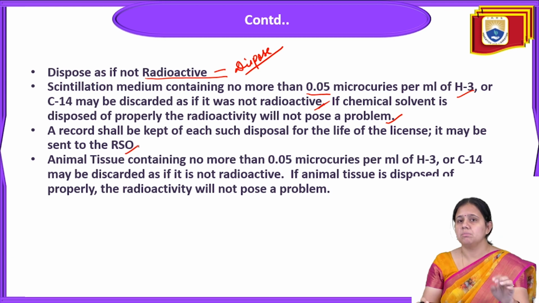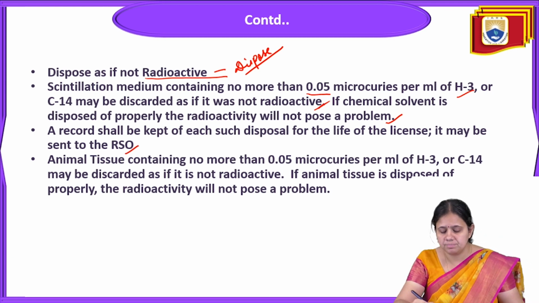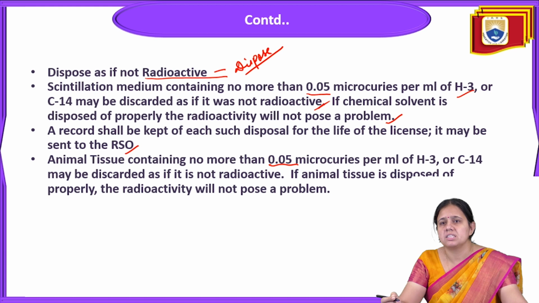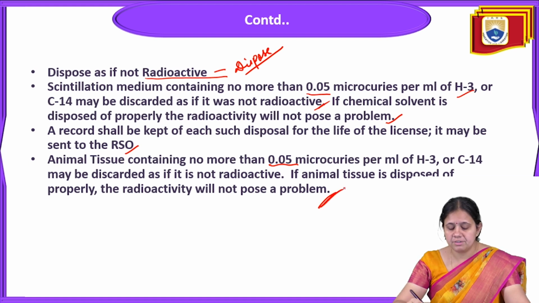Next is animal tissue containing no more than 0.5 microcurie per ml of H3 or C14, which may be discarded as if it is not radioactive. If animal tissue is disposed of properly, the radioactivity will not pose a problem. Sometimes animal tissue will also have some radioactive nuclei.